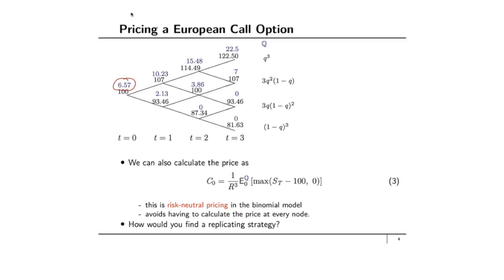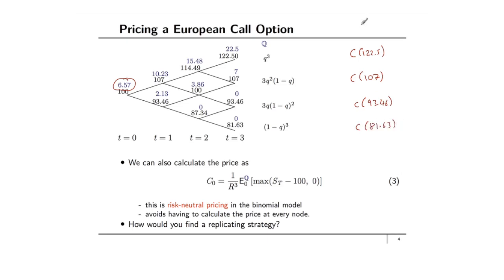Suppose I want to compute a derivative security which has payoffs, let's call it C of 122.5. So this is the underlying security price at this node. C of 107, C of 93.46, and C of 81.63.